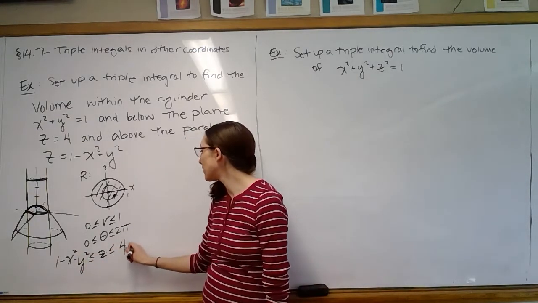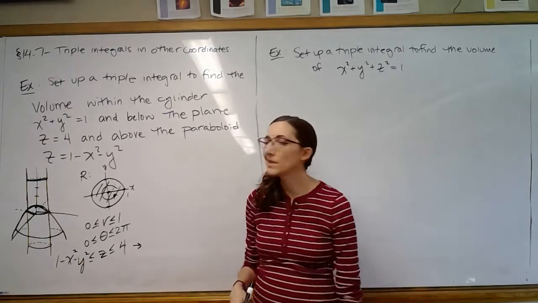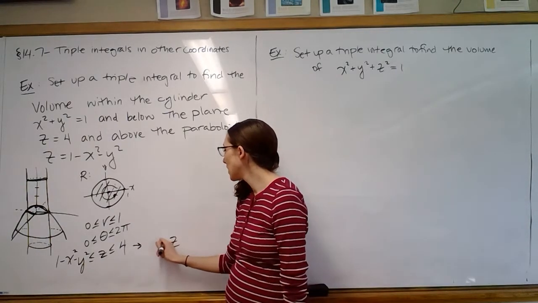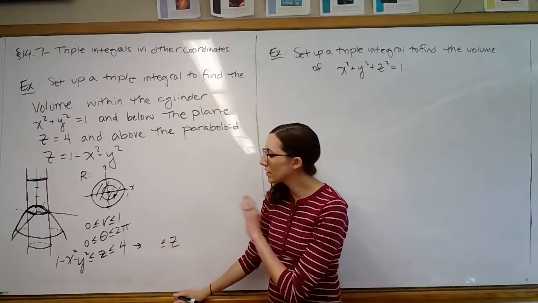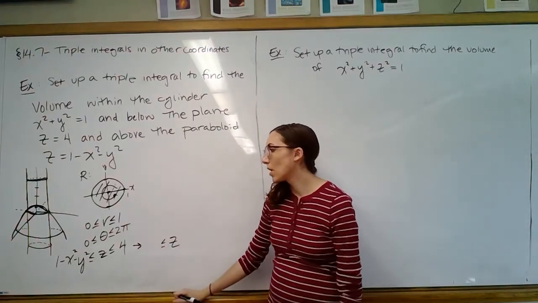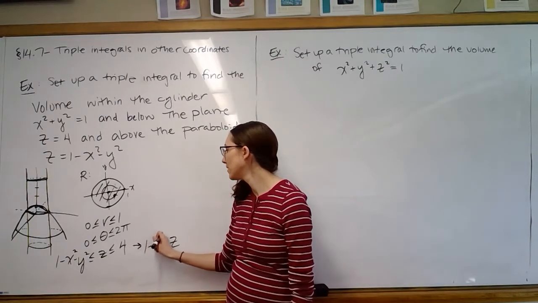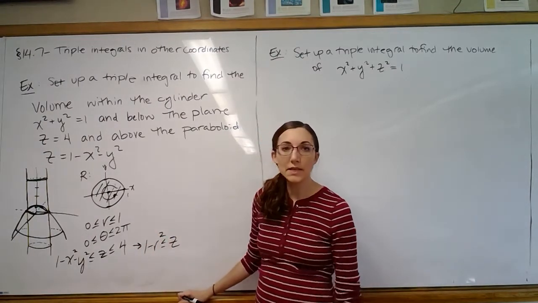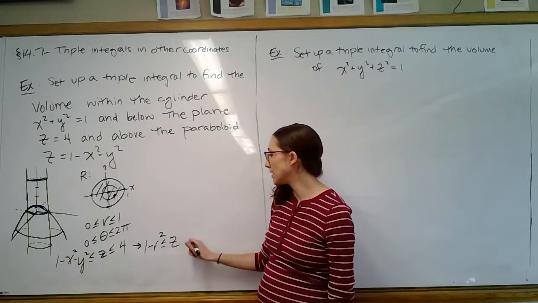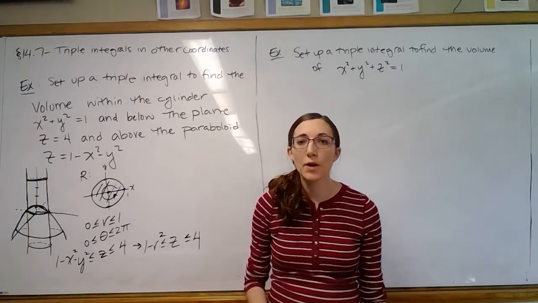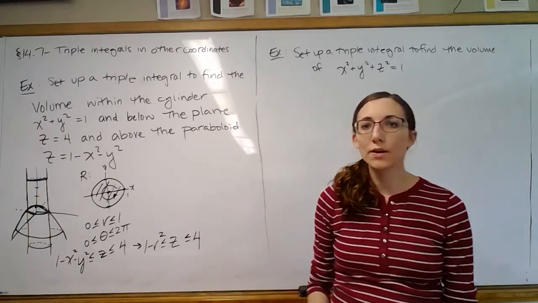And so then if I convert that into cylindrical, it's pretty easy to do, because what we see is the lower bound is really just 1 minus the quantity x squared plus y squared, which is 1 minus r squared. And then z equals 4 is a constant, so we can just leave it as 4. So it goes from 1 minus r squared up to 4.